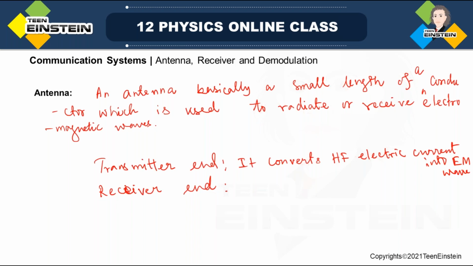So antenna at the transmitter end converts a high frequency electrical current into electromagnetic waves.